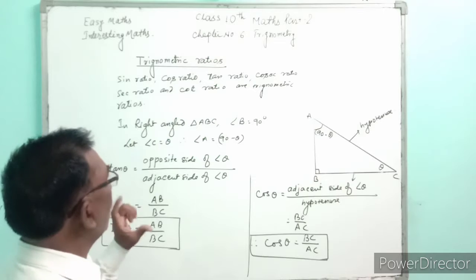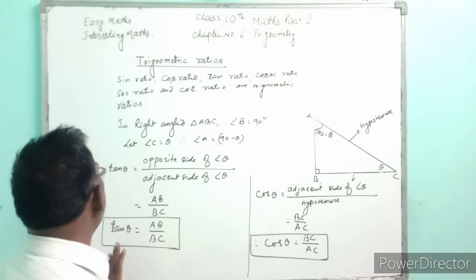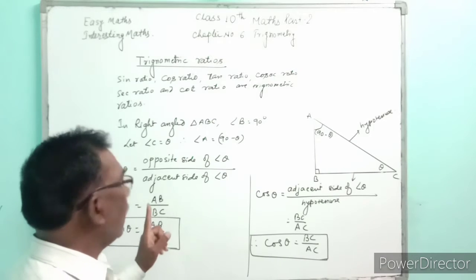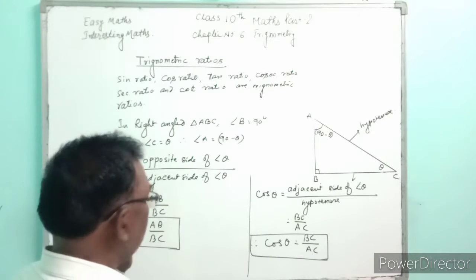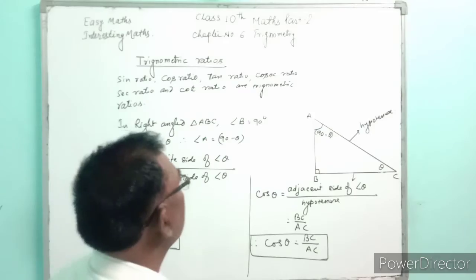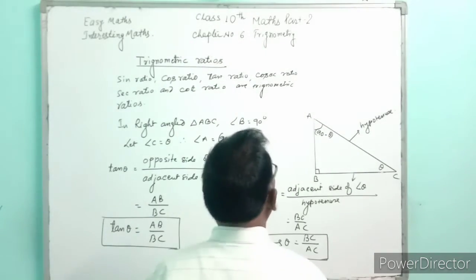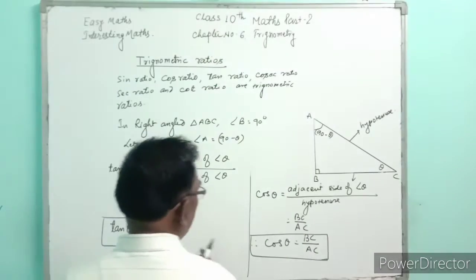Now, we will see the relation between sin theta, cos theta and tan theta. This is number 2.